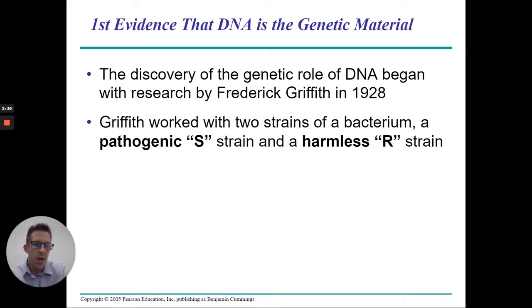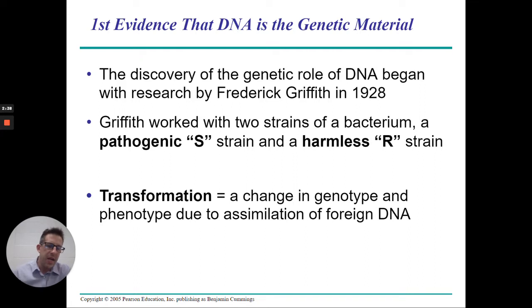Okay, and he figured out that DNA would cause transformations in one cell that maybe didn't have a specific set of traits before its transformation. Okay, so this term transformation is one that we're going to come back to eventually, I think later on in this unit, when we talk about bacterial transformation, and this is our first introduction to it.